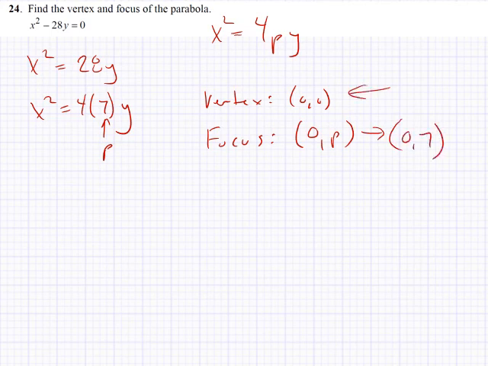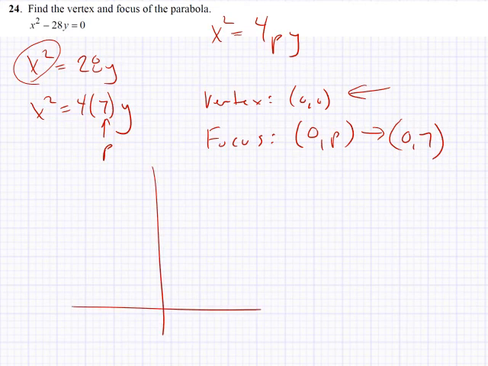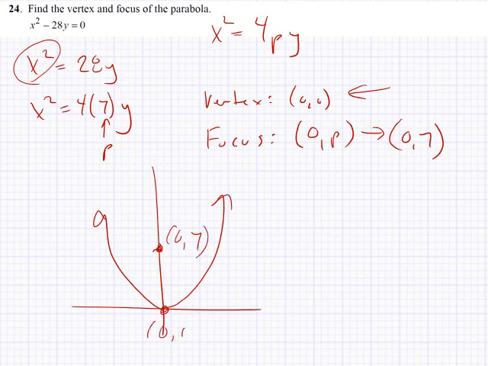So vertex at 0, 0, focus at 0, 7. It's a positive square parabola, so that would open up along the y-axis like this. Here would be your focus right in the middle there at 0, 7, and your vertex would be here at 0, 0.